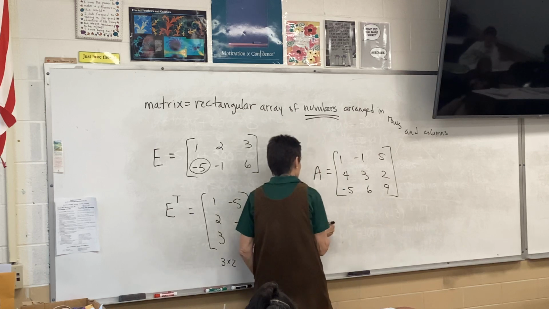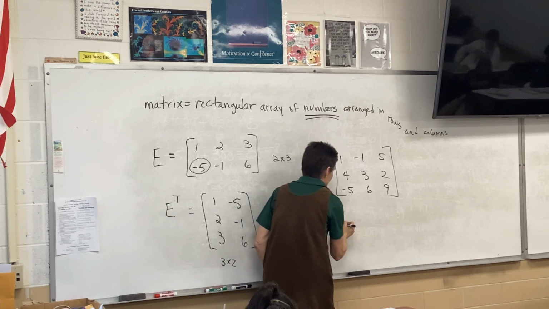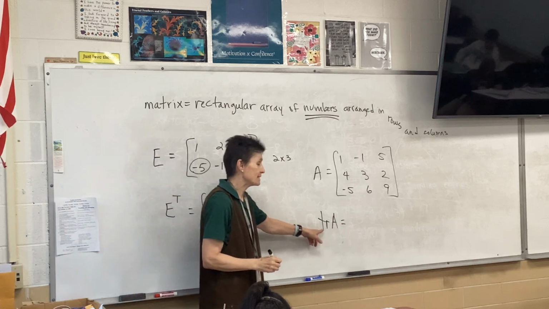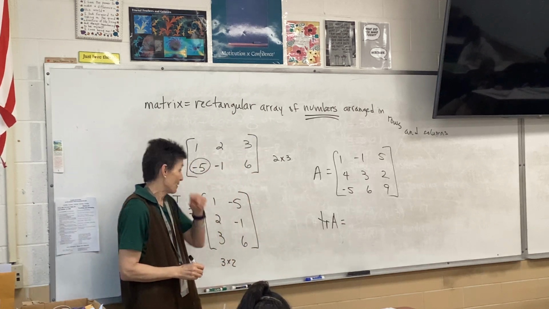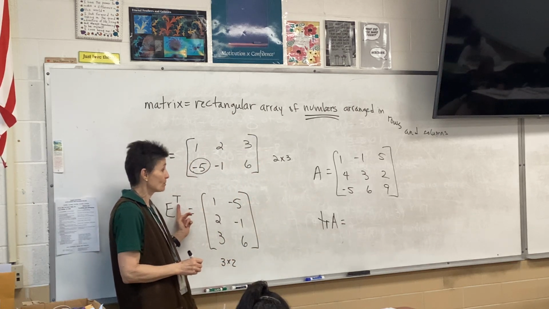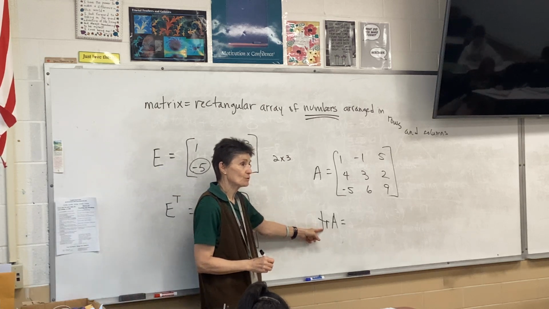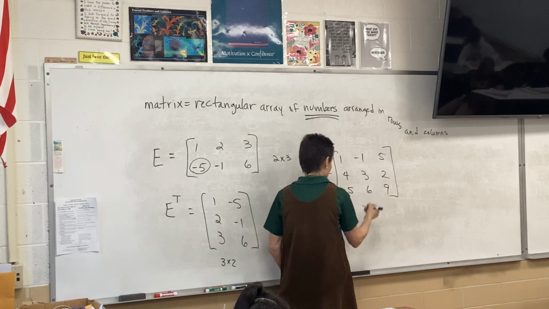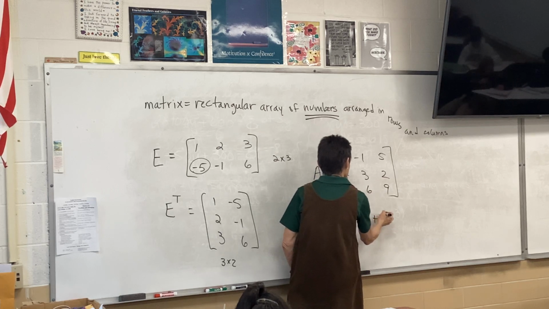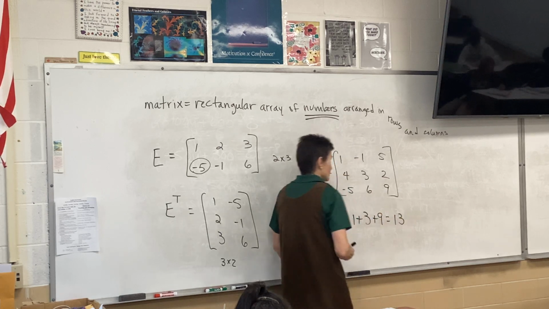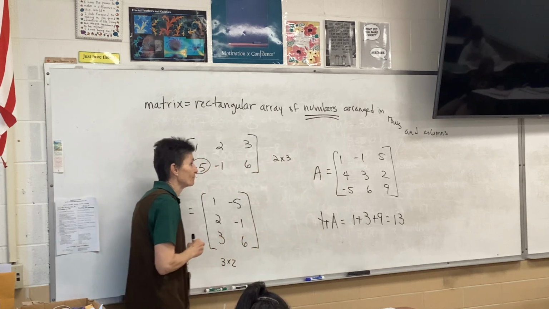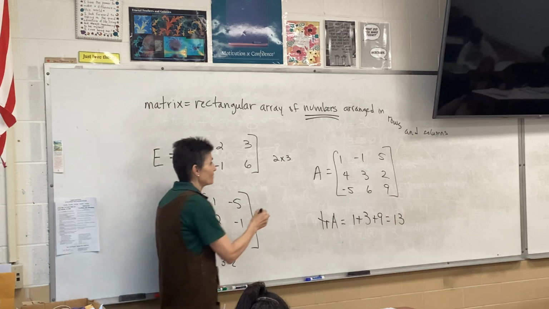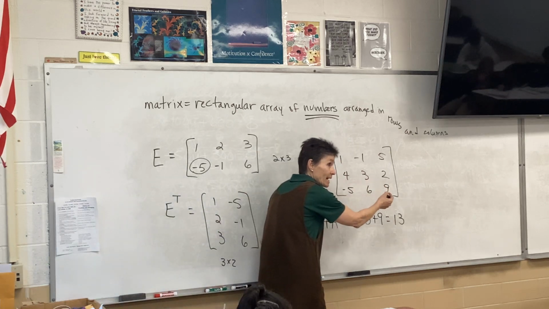If I'm doing the trace of A, the notation is a little TR out in front. This is the notation for transpose. This is the notation for trace. The trace of A would be this: 13. Did anybody see where that came from? What we call the main diagonal.